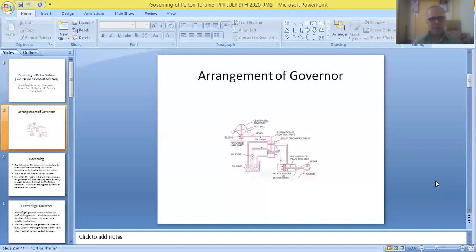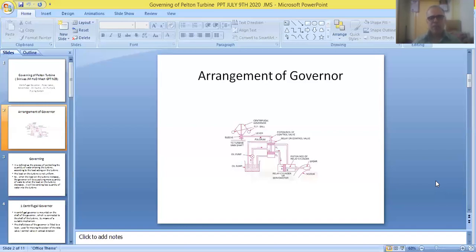When the load on the turbine decreases, automatically the governor will be moving the sphere in forward direction for supplying less quantity of water. So, controlling the quantity of water according to the load acting on the turbine.